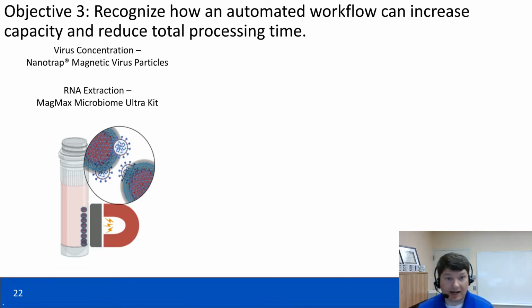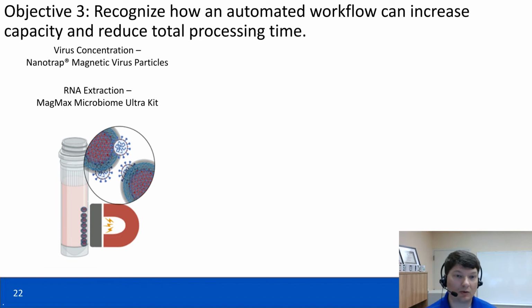Switching to our last objective, recognizing how an automated workflow can increase capacity and reduce total processing time. So Cirrus Nanosciences was developing these nanotrap magnetic virus particles that could concentrate the virus and then follow that into the extraction step. And so what we transitioned to was largely manpower-driven PEG extraction, a PEG concentration and RNA extraction step.